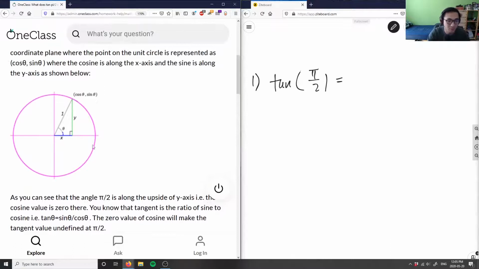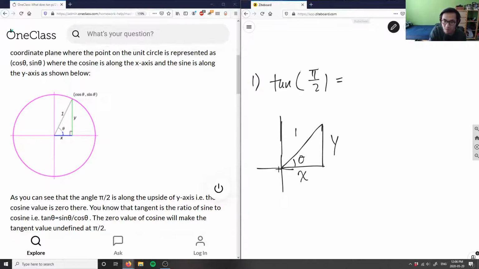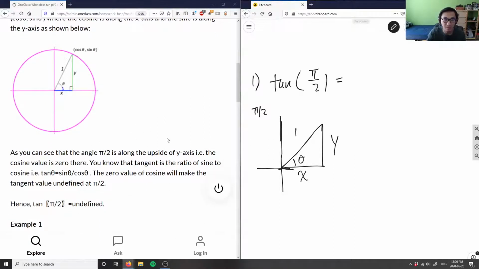You have a unit circle, some x and some y, and we know this length is 1, and we want to look at this theta. When we look at pi over 2, it makes a right angle. This is 90 degrees, so we're extending theta all the way to this right angle. As you can see, pi over 2 is along the upside of the y-axis.